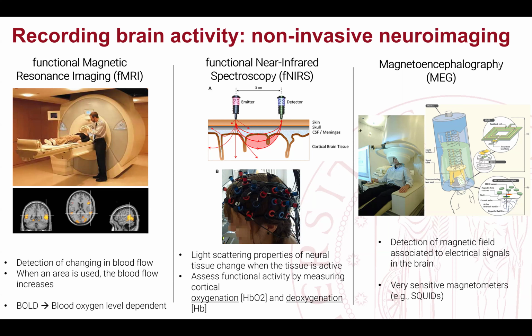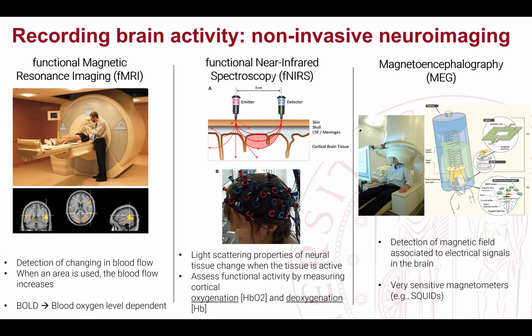They exploit a similar principle. So the idea is still to exploit the analysis of the blood flows within the brain to understand which areas of the brain are activated, but it's doing that instead of using a magnetic coil, using lights. So it is still a cap similar to an EEG cap, but now these are not electrodes.